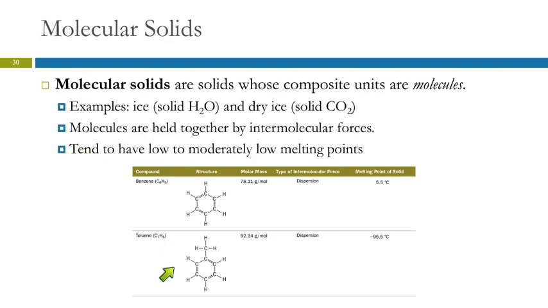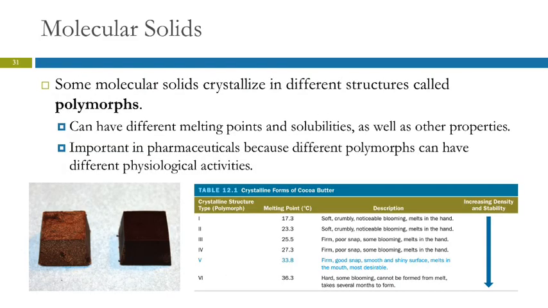Here's a couple of examples. Melting point 5.5 degrees Celsius and minus 95. So these things tend to be liquids or gases at room temperature. Some molecular solids can crystallize into different structures.